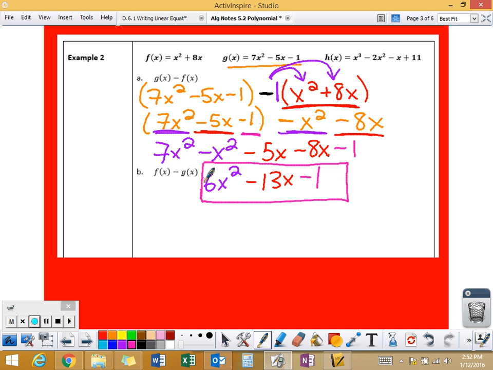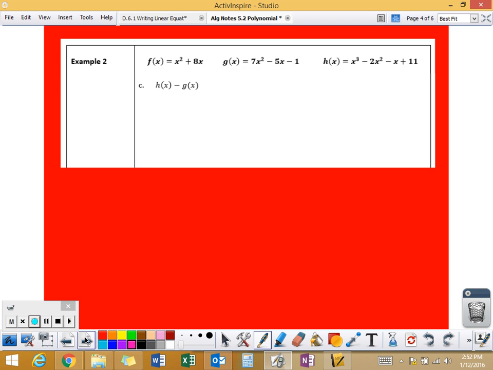Okay? Let's do one more of these subtracting problems, and I'm going to go to problem C since I ran out of room here. Okay? So again, like I did last time, I'm going to just fill in what h of x and what g of x is, putting them both in parentheses. So h of x is equal to x to the third minus 2x squared minus x plus 11.